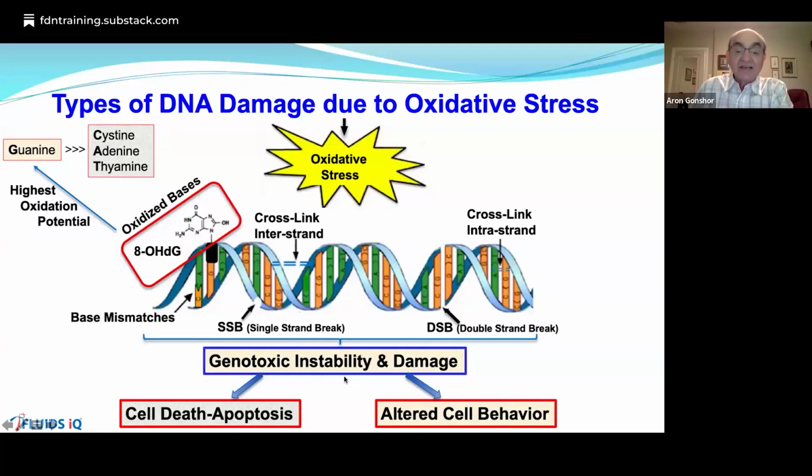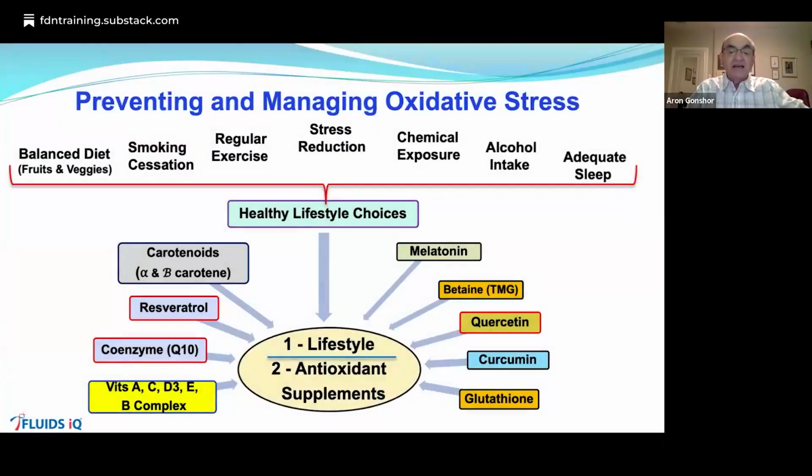And what that does is it creates genotoxic instability, meaning instability within the genes, causes damage, which will do 2 things. Either it's so bad a damage that it causes cell death, otherwise known as apoptosis, or alters the cell's behavior, meaning some kind of possible malignant behavior, etc.